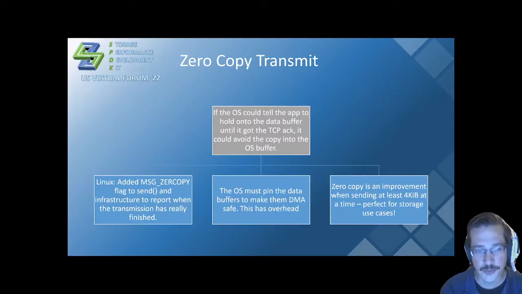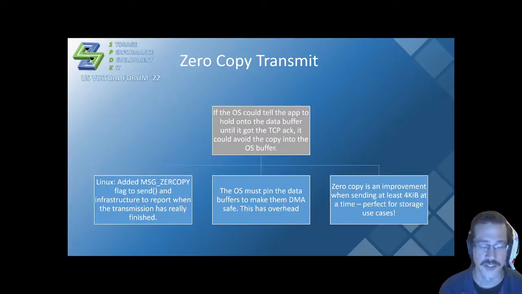If we could do that, then the operating system could just queue up the user's buffers to the NIC and say DMA from here directly without a copy, and go that direction. So that's exactly what Linux has added with a new flag to send called message zero copy.